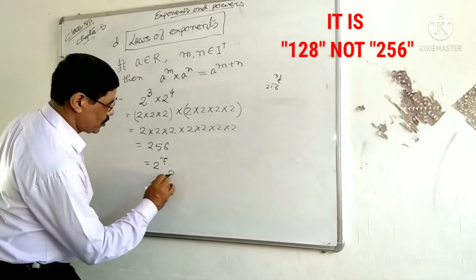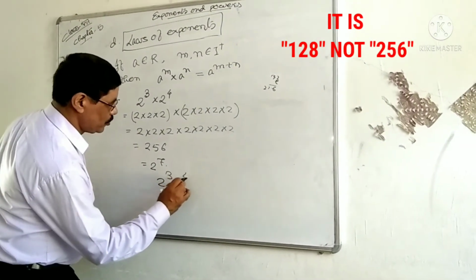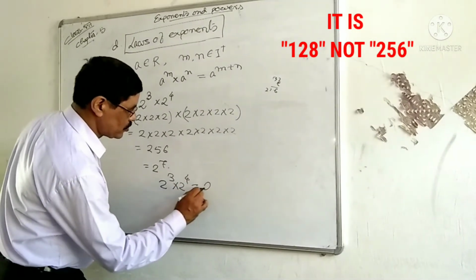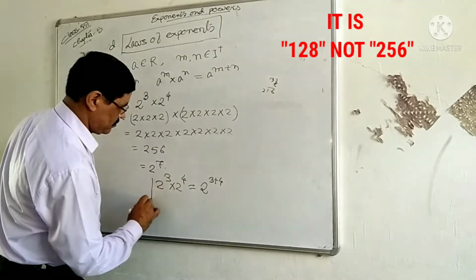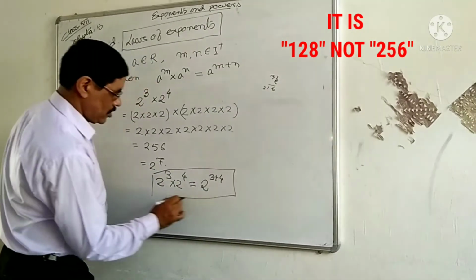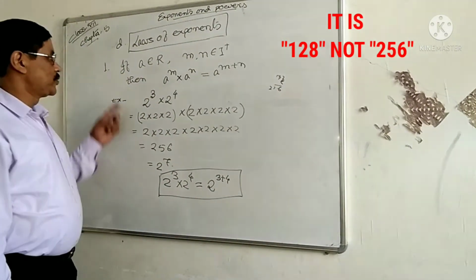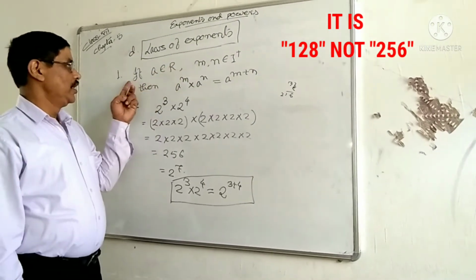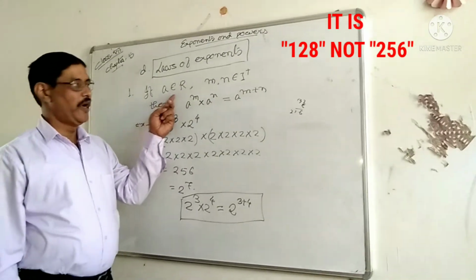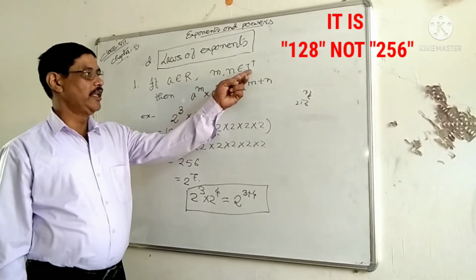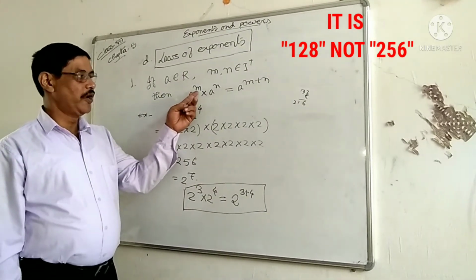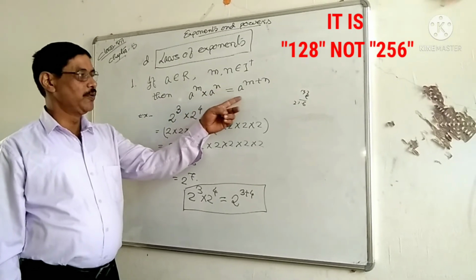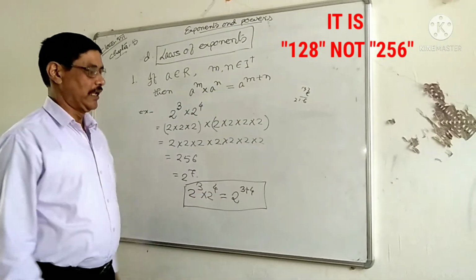That is, 2 cube into 2 to the power 4 equals 2 to the power 3 plus 4. So it is the first formula of exponent. If a is any real number, and m and n are any positive integers or natural numbers, then a to the power m into a to the power n equals a to the power m plus n.